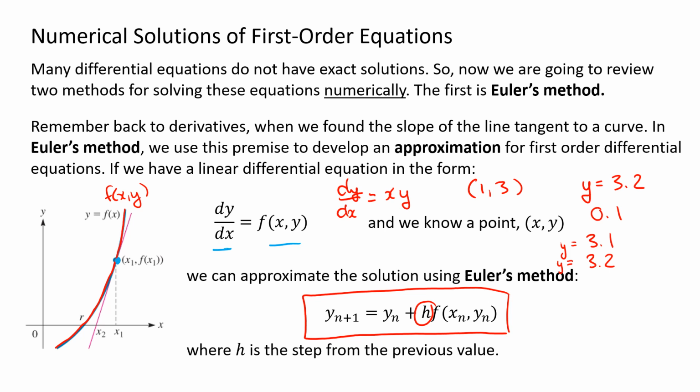In this case, at the start x is 1 and y is 3, our initial value for y, and our step value is the 0.1 I talked about. I'm showing you this to explain these formulas, which will be provided to you, but I want to jump right into an example where you can really see how this is used.